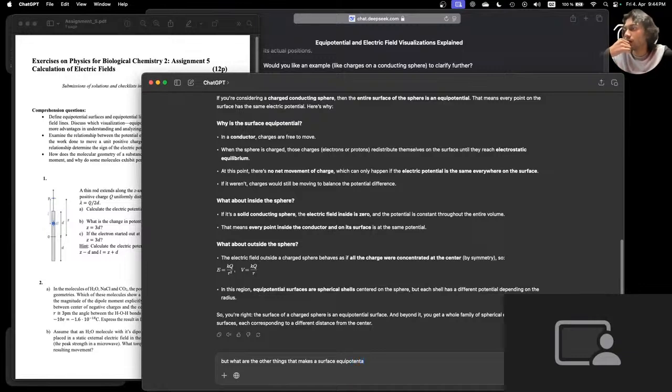Wait, the surface of a charged sphere is equipotential. So if there's another point charge fixed on the equipotential surface, the point charge can be anywhere. Okay. It reminds me of electrons in atoms, right? There's no fixed position for electrons, just like that. There's no fixed position for charges or a point charge on an equipotential surface.